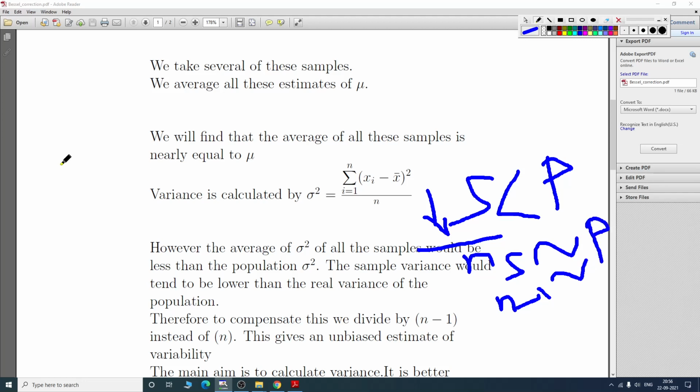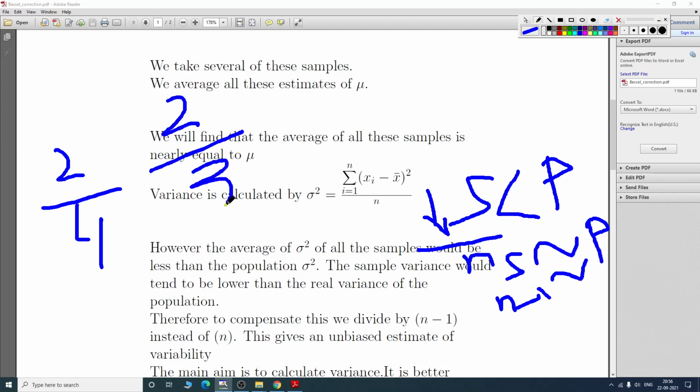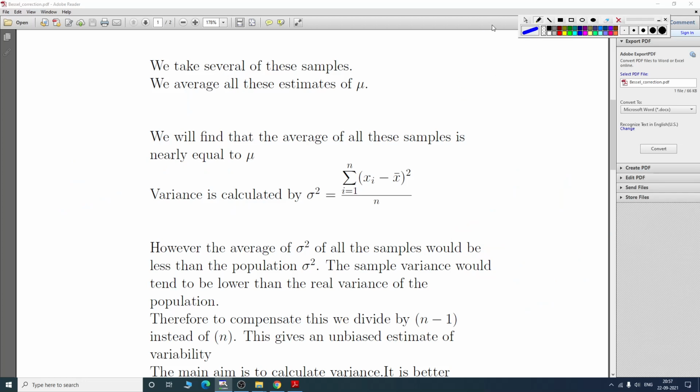You can see, if we have a number 2 and we divide it by 4, and again the number 2 and we divide it by 3, if I divide by 3, the value is greater. If I divide by 4, the value is smaller. So to make the sample variance comparable with the population variance, we divide by n minus 1 and not n.